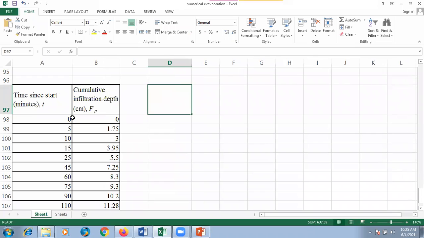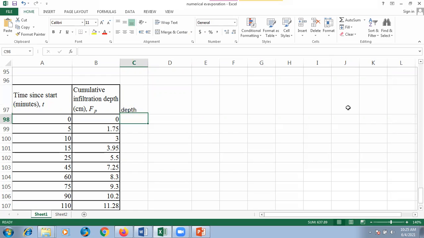Between time 0 to 5 minutes, in a 5 minute duration, 1.75 centimeter has gone inside. Similarly, between 5 minutes to 10 minutes, again in a 5 minute duration, it has gone into the soil by an amount equal to 3 minus 1.75. Is this point clear? That is the infiltration depth.